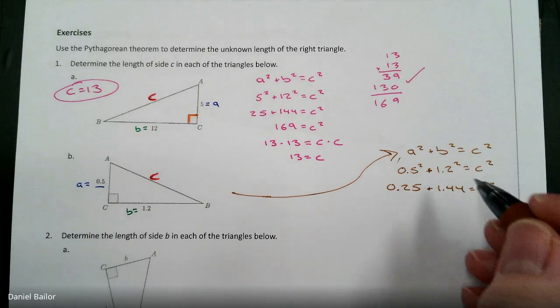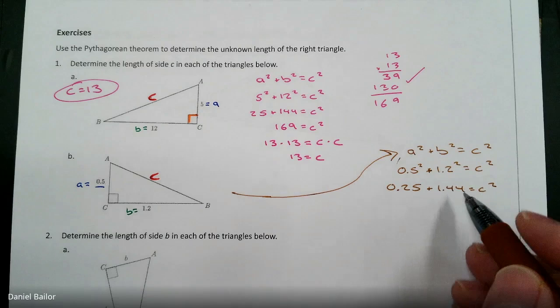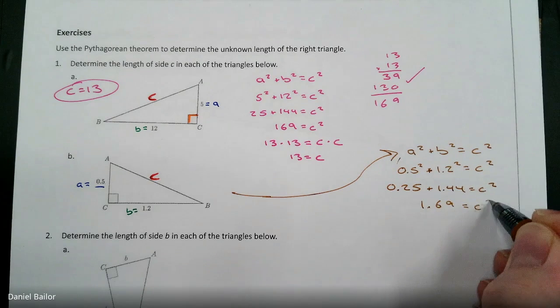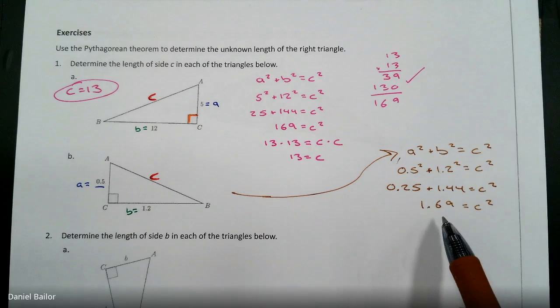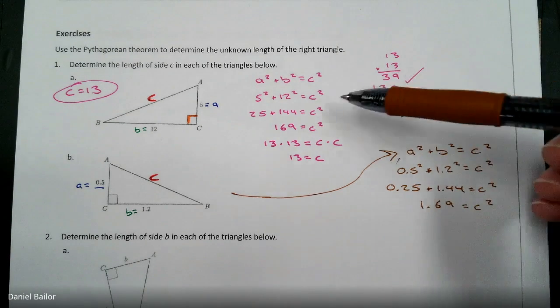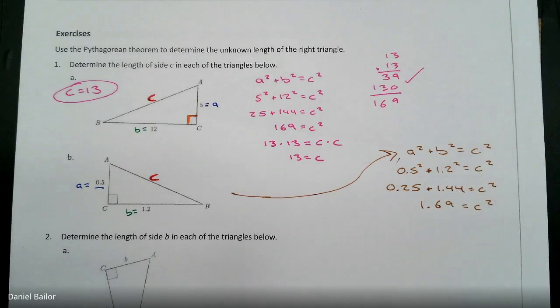Let's add them together. 0.25 plus 1.44 gives us 1.69 equals c squared. If you look at our work from part A and part B, so far it's looking pretty identical. The only difference is the place value for our numbers.